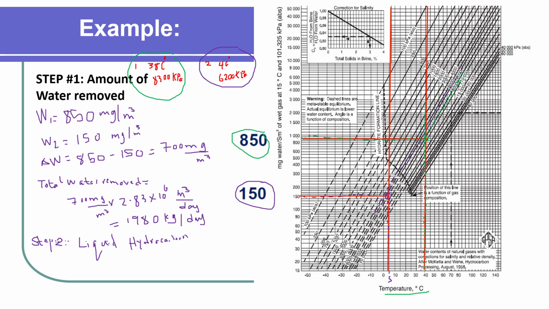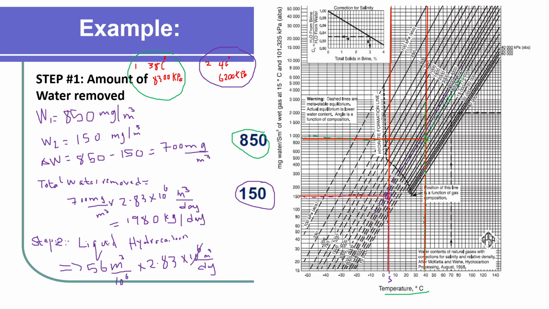So I can simply calculate how much of the hydrocarbon will be produced. It will be 56 standard meter cube per 10 to the power 6 of the gas, multiplied by how much gas we process per day, 2.83 10 to the power 6 meter cube of the gas per day.